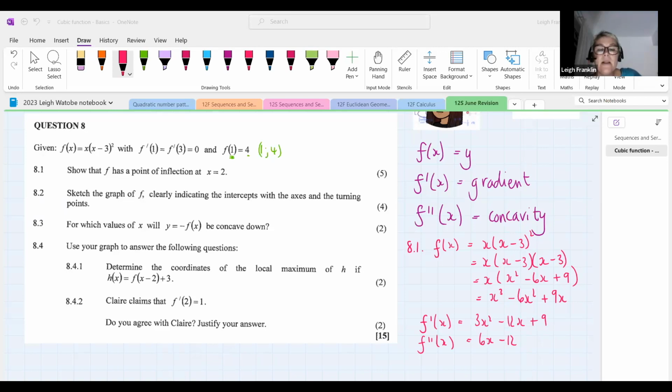Okay, so Katlejo, look at my answers over here in pink. I've multiplied out f of x. Did you get that when you multiplied out f of x? Then check my first derivative. Check my second derivative.